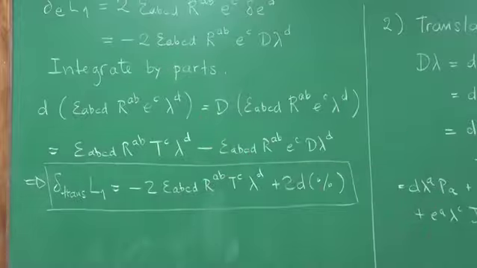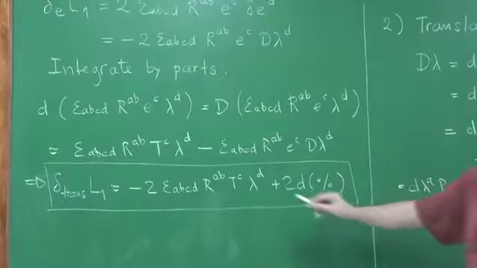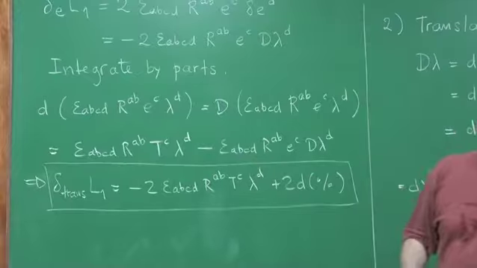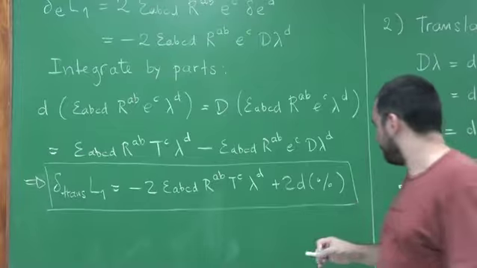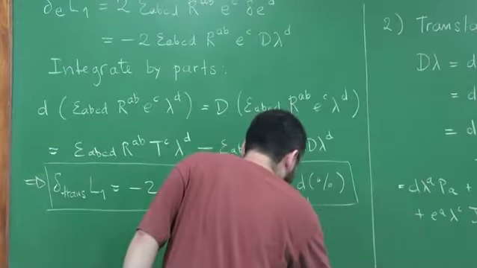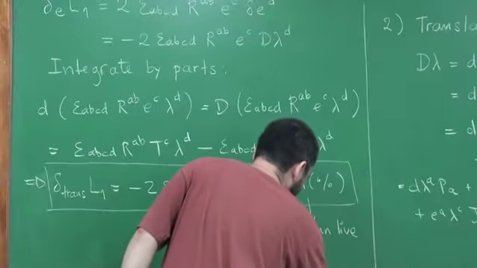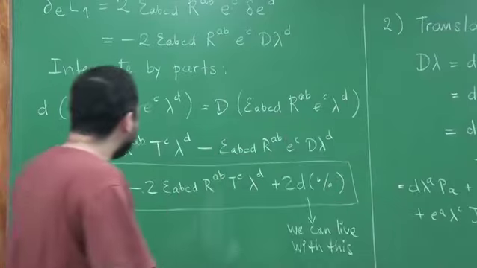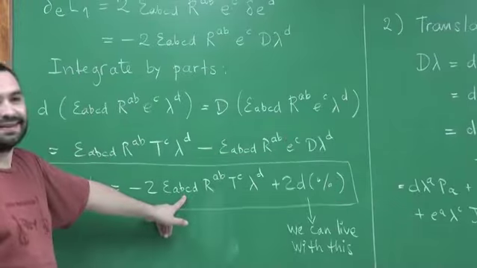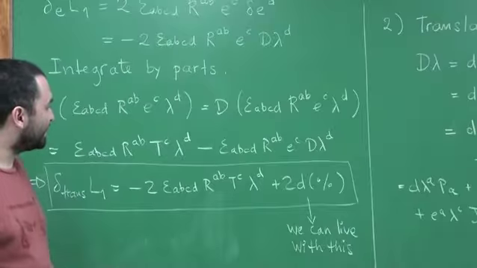So there are two terms. This second term is the exterior derivative of something, of this thing here. That's not exactly an invariance, but we can live with that. But this, there's nothing to do here. That's non-zero.